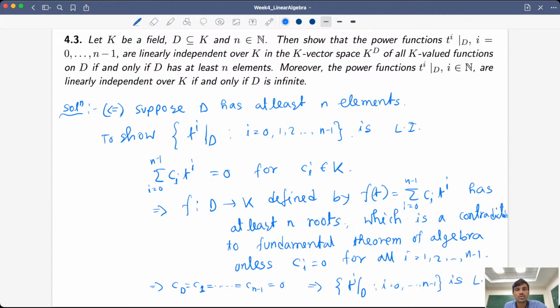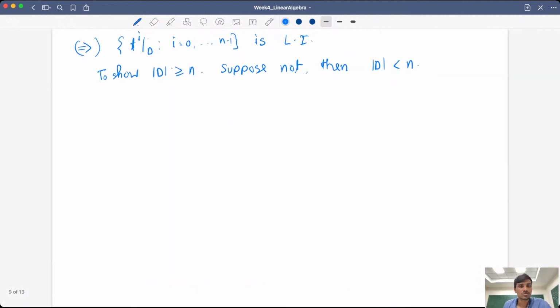But then again, if instead of D you would have considered K, and K has less than n elements, so simpler case, that cardinality of K, simpler case was K equal to D, then the number of elements in K is less than n.